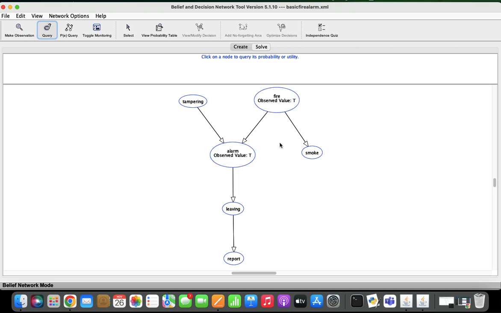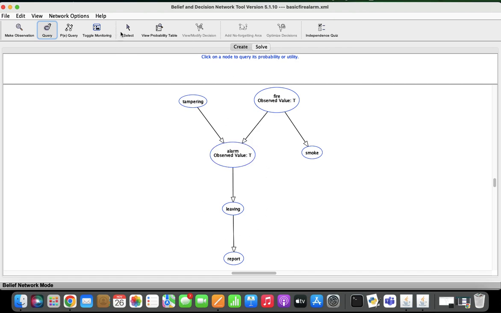And then we have another one where we're going to check the independencies, the conditional independencies, and we're going to check it using the solve tab.